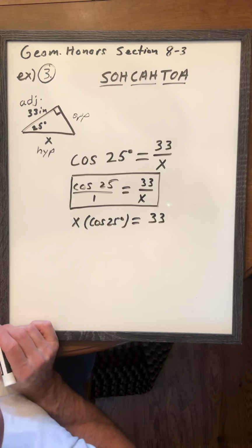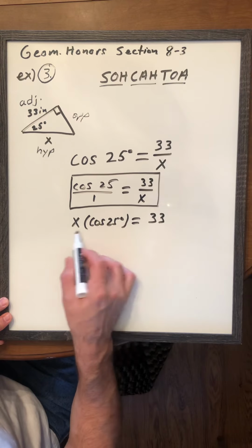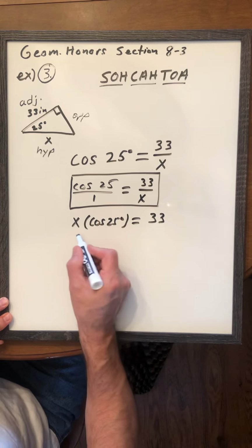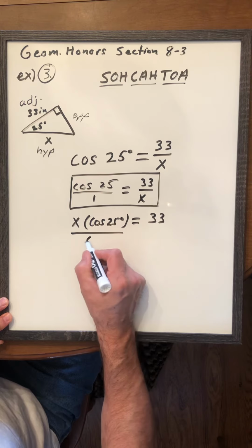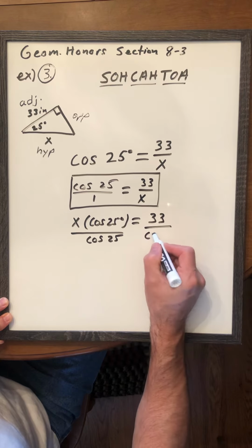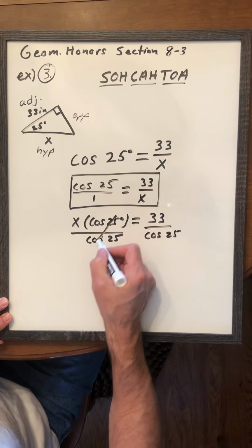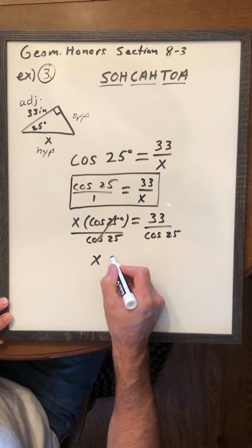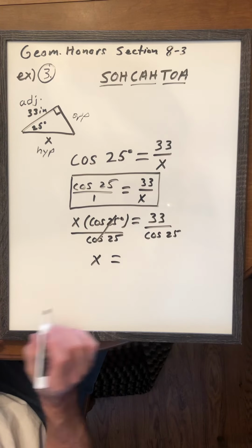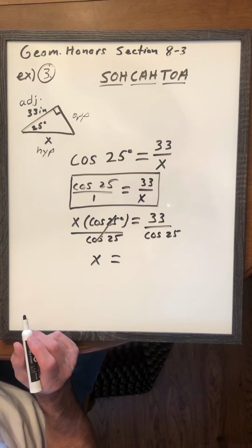Now, before, that took us right to where we had x by itself. x is not by itself here, so I'm going to have to divide by the cosine of 25 degrees. So on this side, I divide by cosine of 25 degrees. That gets rid of those, and so x is equal to 33 divided by cosine of 25 degrees. Now I'm going to have to use my calculator.